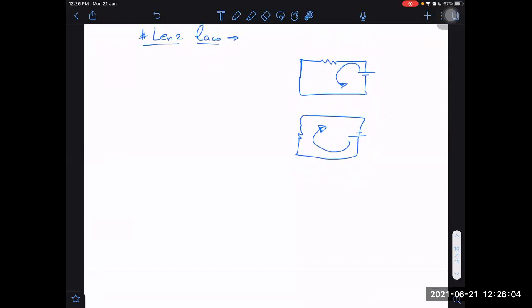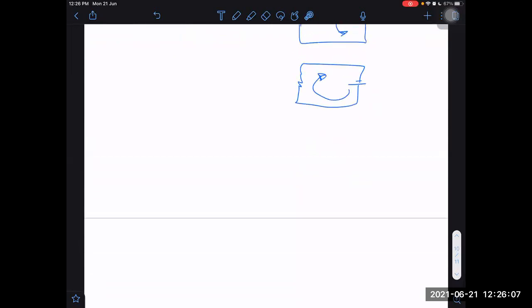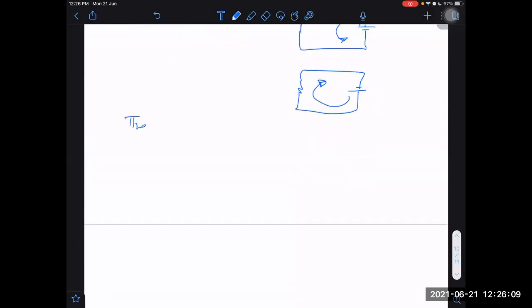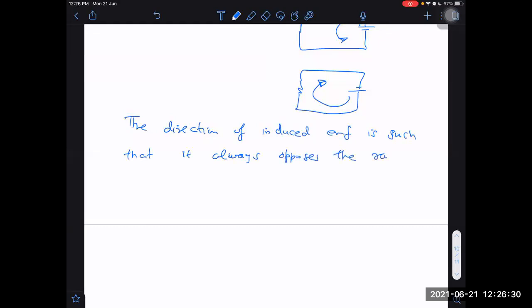That is what we mean by direction when we are saying that the direction of EMF can be decided by Lenz's law. What is Lenz's law? It's a wonderful law, and it says that the direction of induced EMF is such that it always opposes the rate of change of magnetic flux.